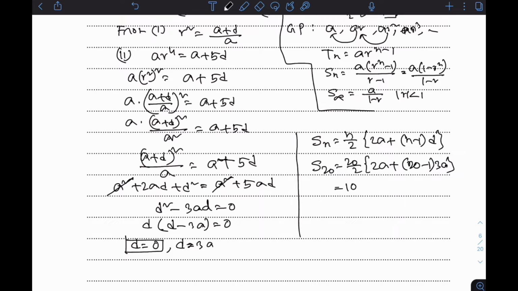Now let us simplify 10. So this is 2A plus 19 into 3A. Now if we simplify this, 10 (2A plus 57A), that means 59A, that is 590A. So this is the final answer.